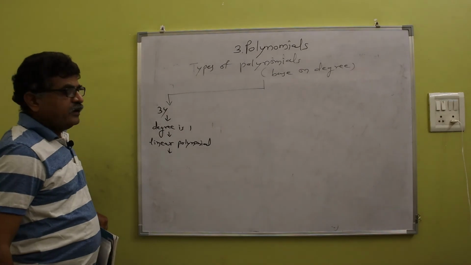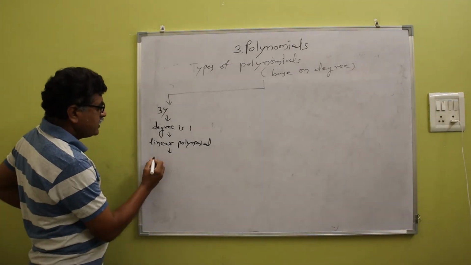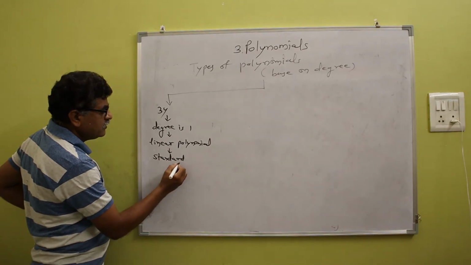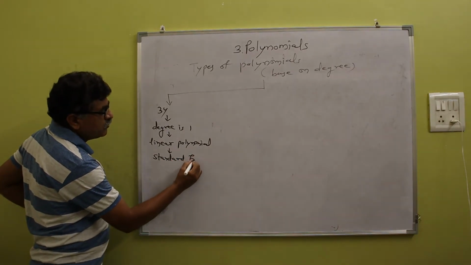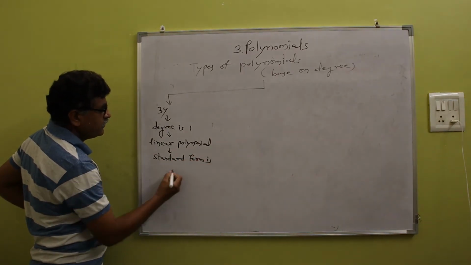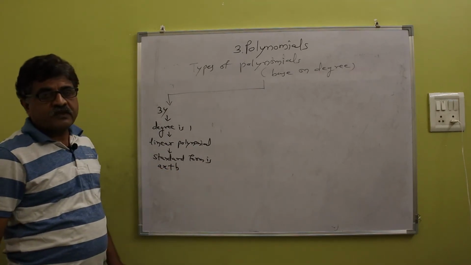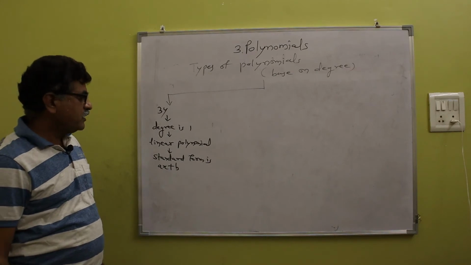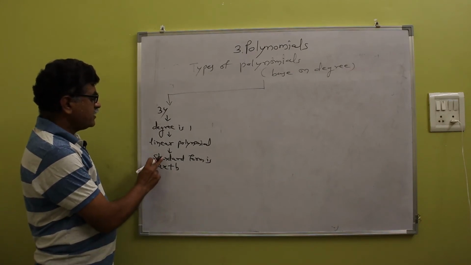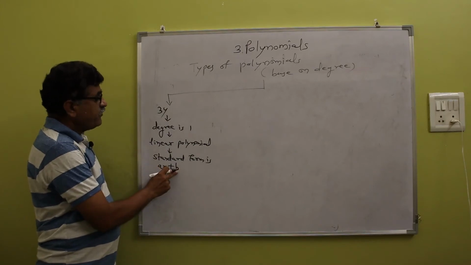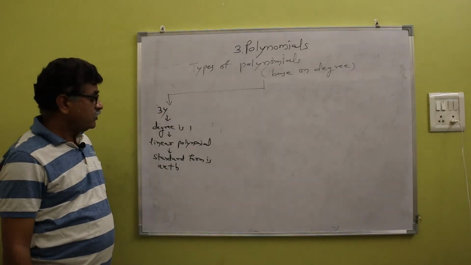And its standard form is ax plus b. This is called linear polynomial. Here value of a is 3, here variable is y, and value of b is 0.